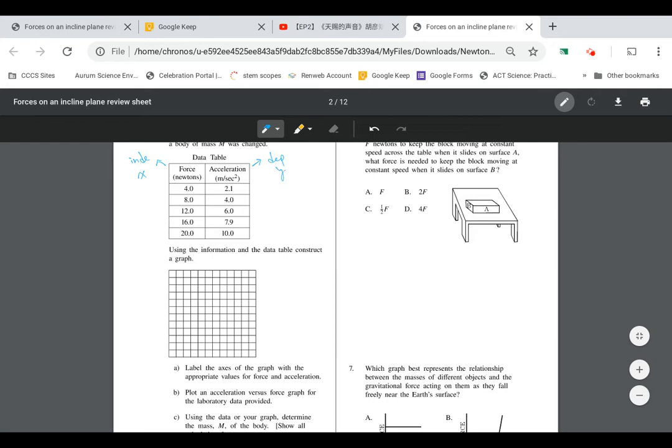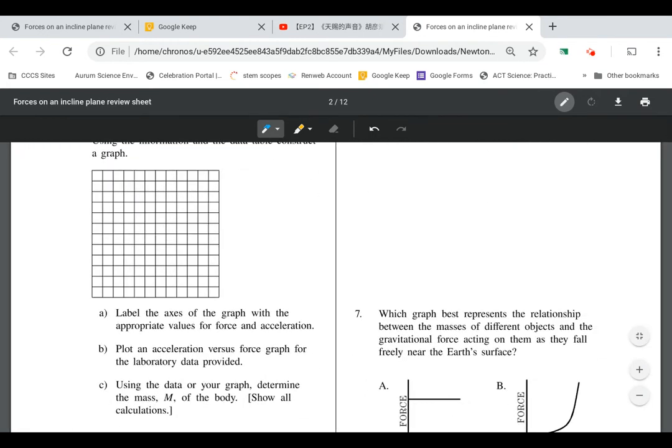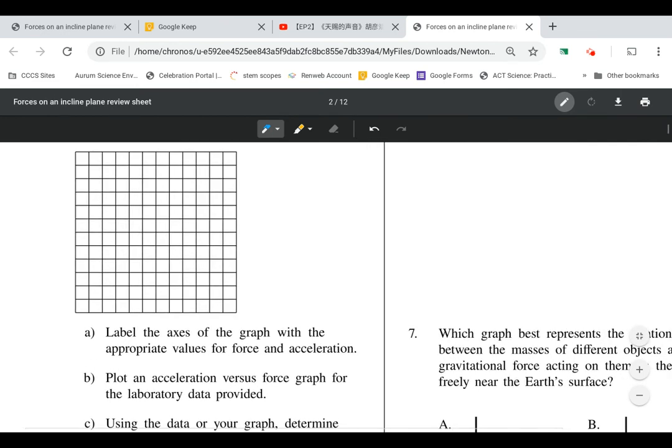So our x-axis is force. Let me put it on the side because I need to write a number there. Force in newtons. Then the y-axis is acceleration in meters per second squared. Okay.